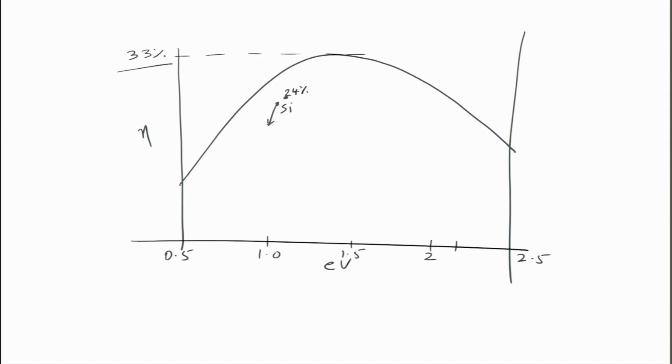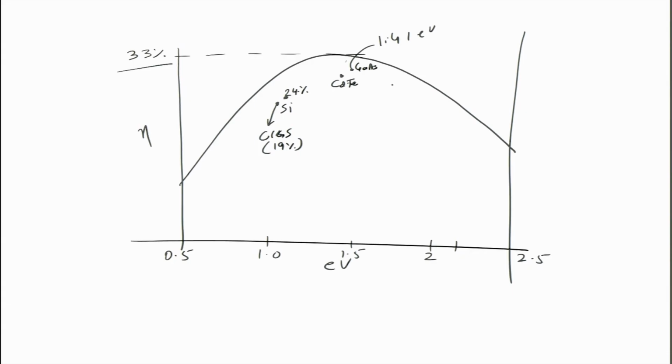So, silicon is right now at about 24.7%, this is CIGS which is at about 19% or so approximately. Cadmium telluride is a little higher. So, cadmium telluride, gallium arsenide will be somewhere here. Gallium arsenide is at 1.41 eV, CdTe is a little lower, and perovskites have already reached about 20%, they have a higher band gap, more than 1.5 eV.